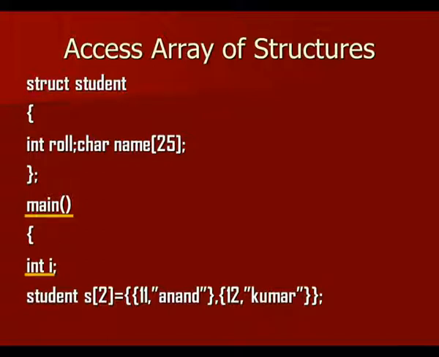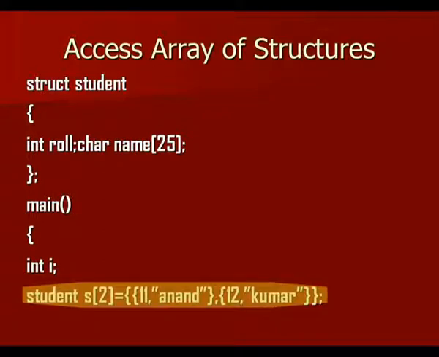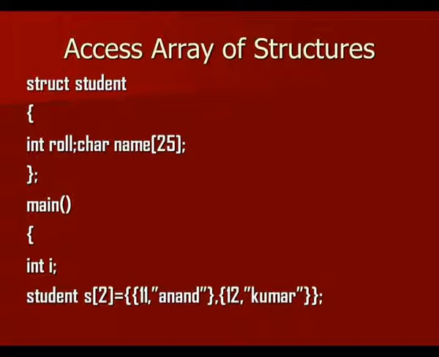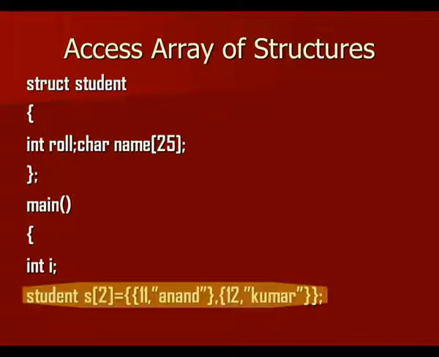Next, you are having the main function. Inside that you are having a variable I of type integer, and here you are initializing the values for the members of this structure. So what are the values you are giving? Student S of 2. So here is where you are having the structure variable being declared. Here if you see, you do not use the keyword struct at all, because the struct is defined globally.